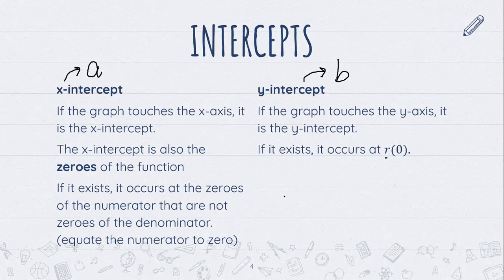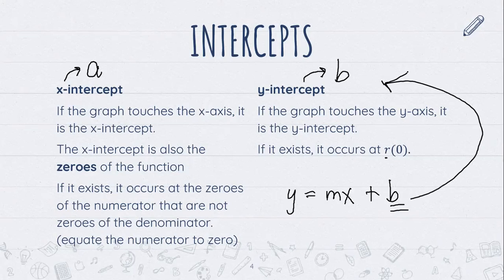Remember our slope-intercept form? y is equal to mx plus b, wherein b is our y-intercept. Kaya in any algebra books, usually, ang ginagamit natin is a for x-intercept and b for y-intercept.